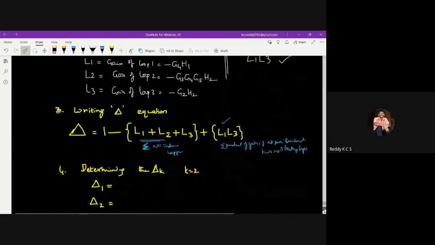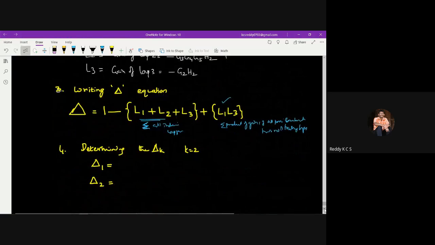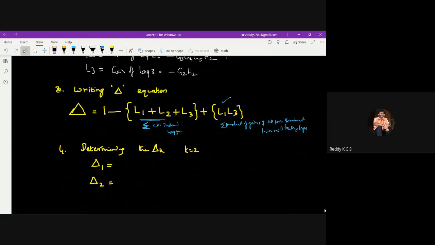When all the loops are touching the forward path, what is the del 1 or del k equation? We need to eliminate the loop gains which are touching. In this case loop 1 is touching, loop 2 is also touching, loop 3 is also touching, and even the combinations also have to be eliminated.